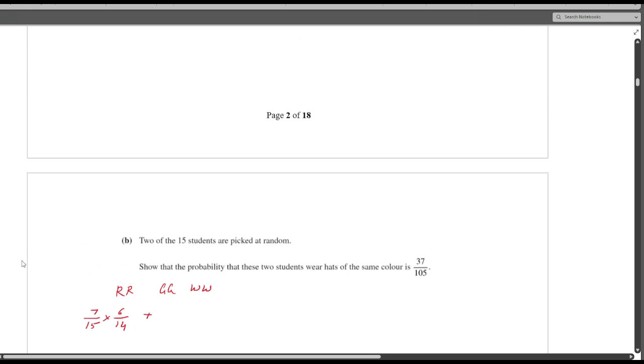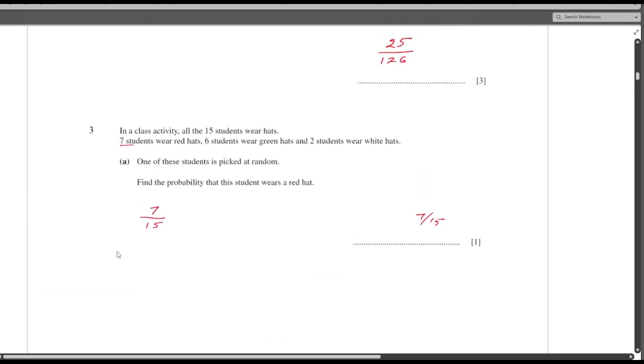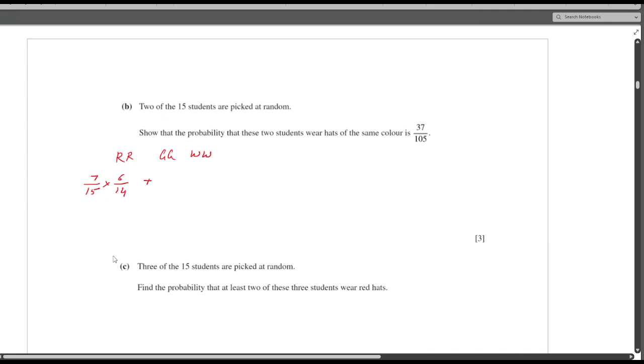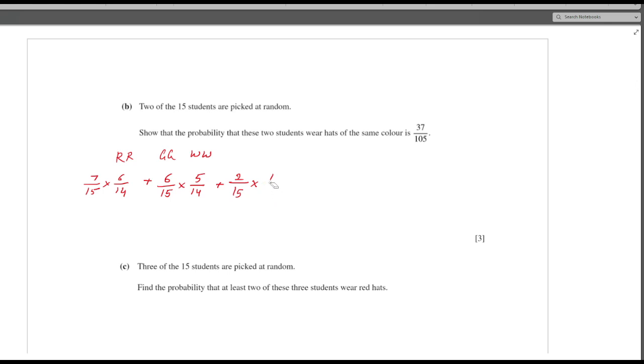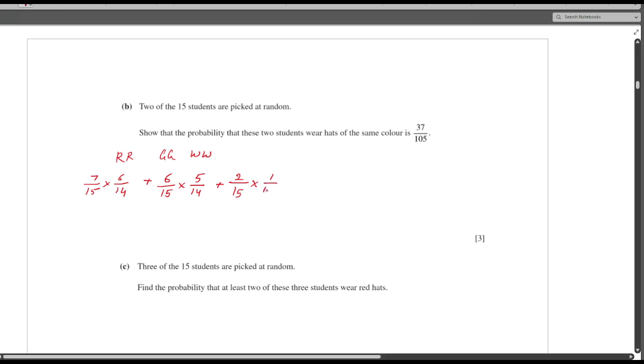Or if both are wearing a green hat, then the first person wears a green hat, the probability will be 6 divided by 15, and the second wears a green hat, the probability will be 5 divided by 14, plus third, now there are two white hats, so the first student wears a white hat, the probability is going to be 2 divided by 15, and the second wears a white hat, the probability is going to be 1 divided by 14.